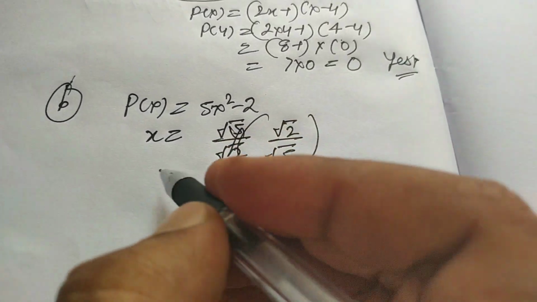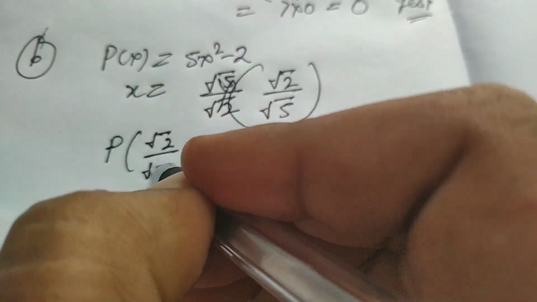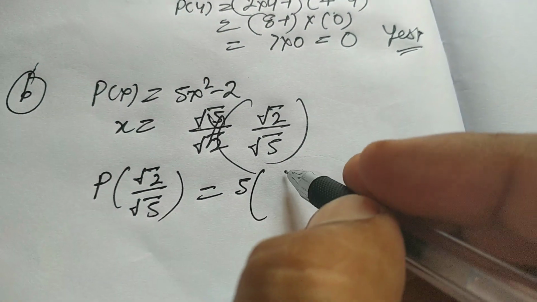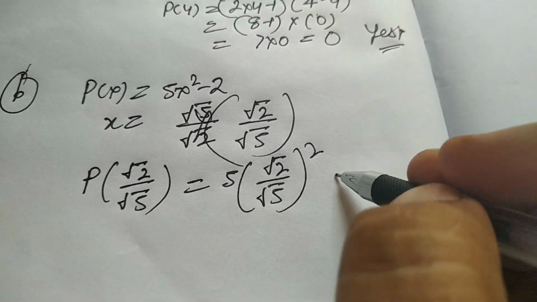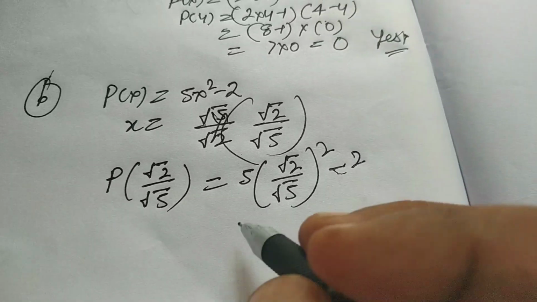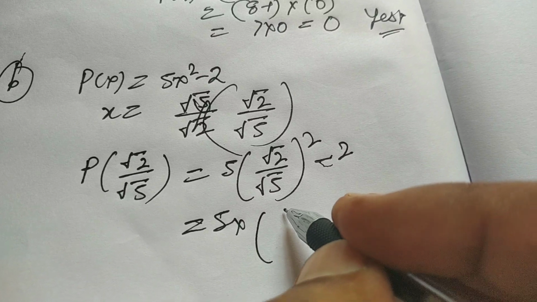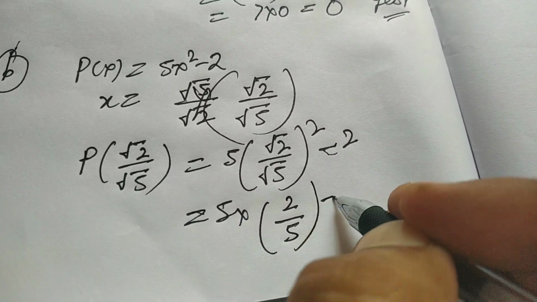Now check this one. p(root 2 upon root 5) is equal to 5 into (root 2 upon root 5) whole square minus 2. Now root 2 square is 2, and root 5 square is 5, minus 2.